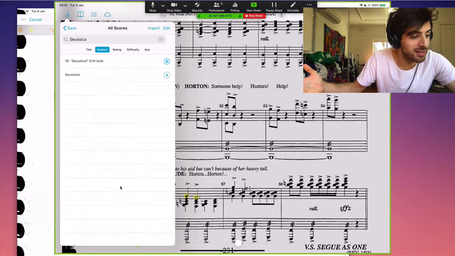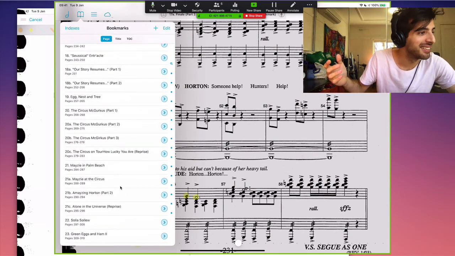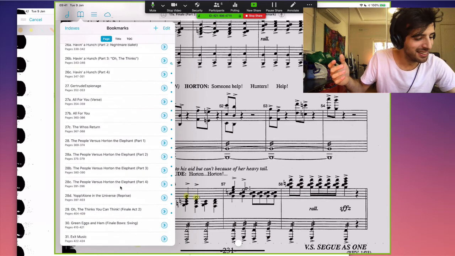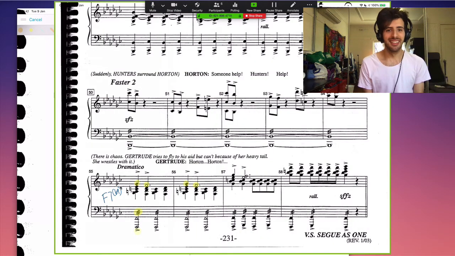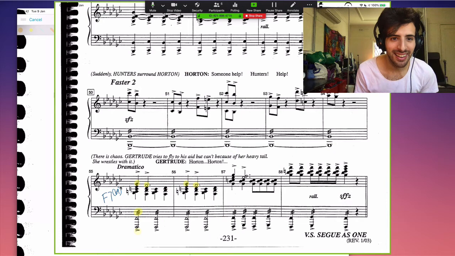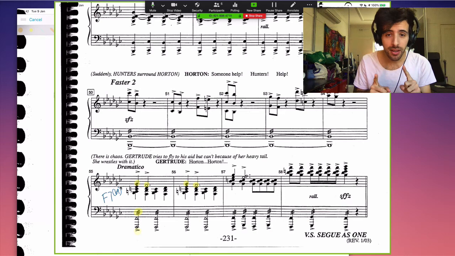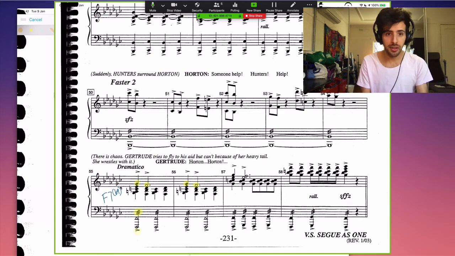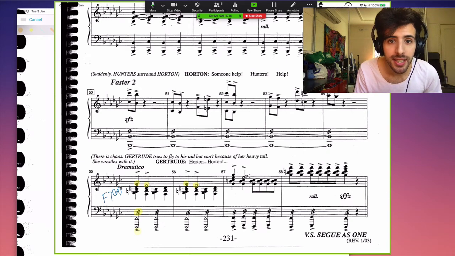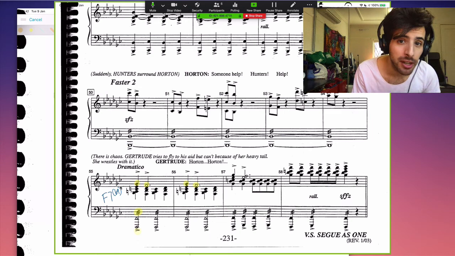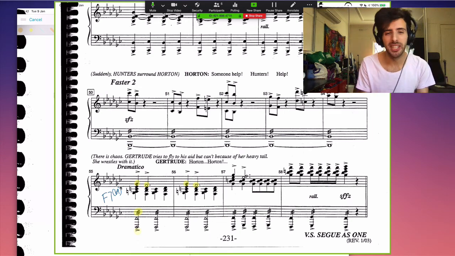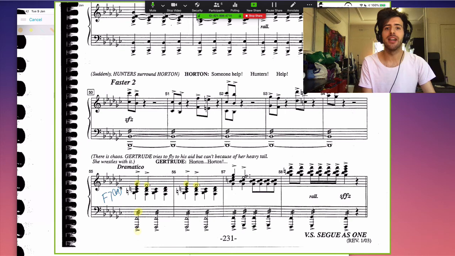I'll repeat a little bit: the mode is actually based on B major, B natural. But it's based on the 7th scale degree of B major, which is a B flat or an A sharp.